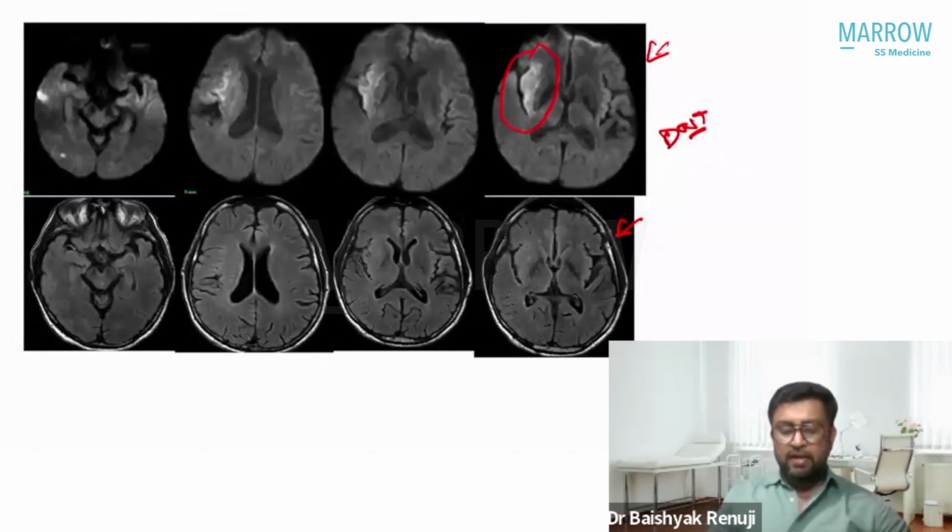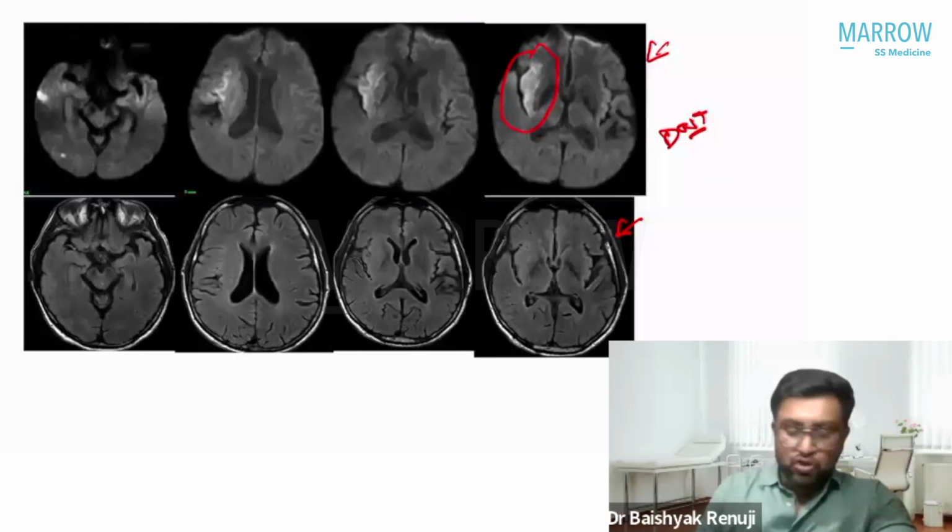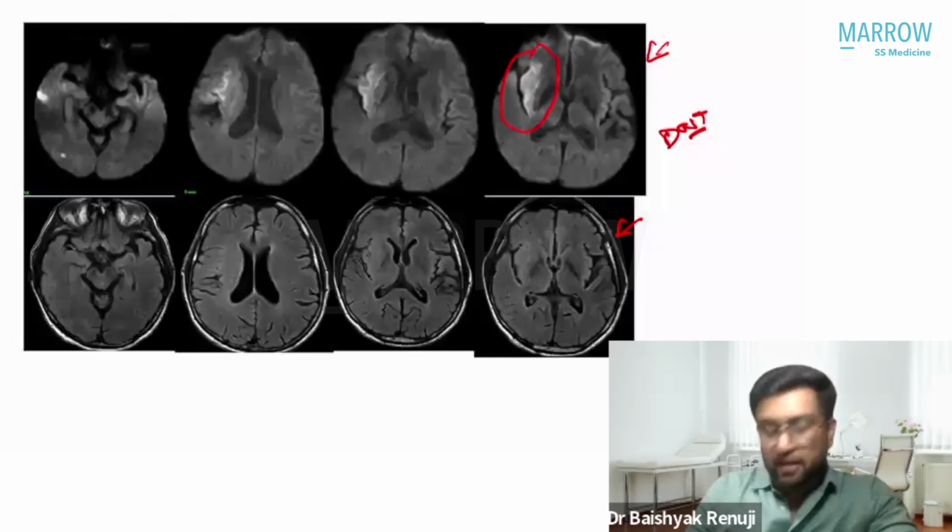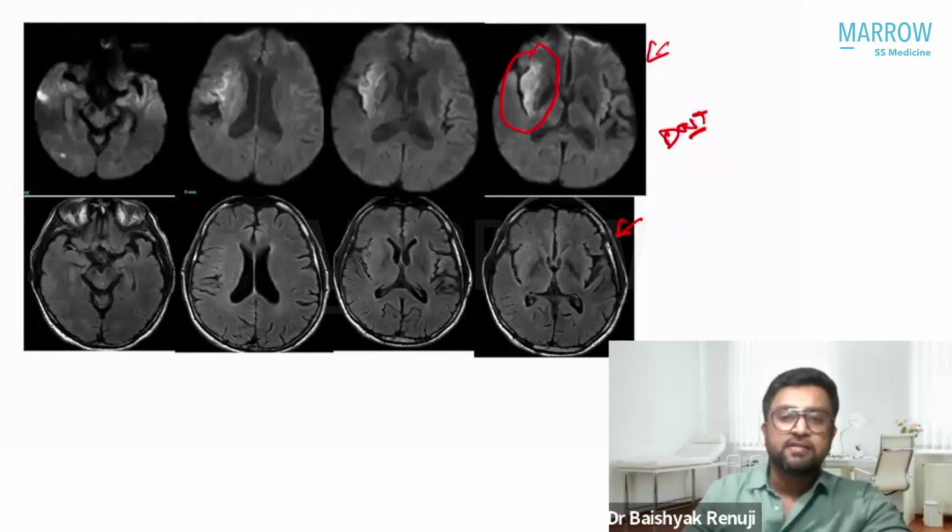In the motor cortex cut, which I have not shown here, there is not much infarct in that area. So that tells you there is a clinico-radiological mismatch, because the patient had dense, significant weakness on the right side with severe dysarthria and eye deviation, which implies that the frontal cortex is involved. But you don't find much infarct in the frontal area other than the insula.